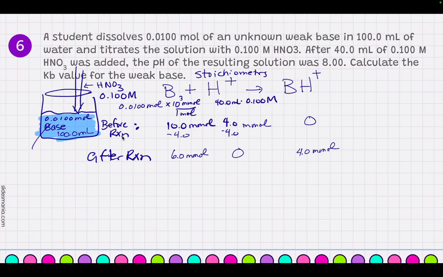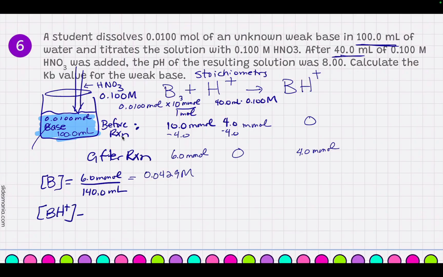I'm going to calculate the molarity of the base by taking those millimoles and dividing by the total volume, which is 140 mL. We had 100 to start with, and then we added 40 more mL. I'm going to calculate the molarity of the weak acid similarly.